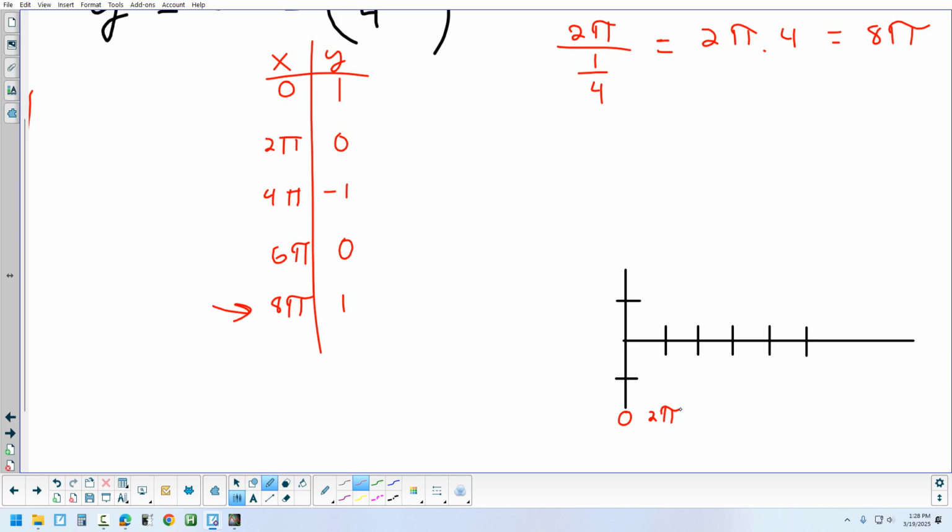The original graph would fit right in here. Now we're going to stretch that out 4 times as much. So it's going to be 2 pi, 4 pi, 6 pi, 8 pi. 1 and negative 1 are going to be our y's for everything today. So we're up at 1, 0, negative 1, 0, back to 1.